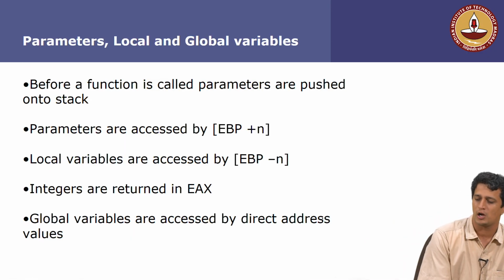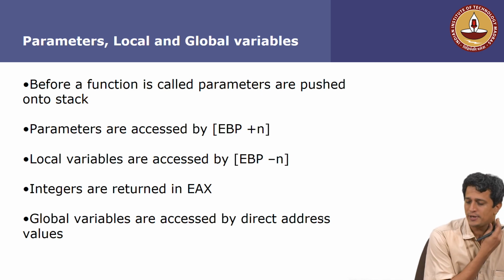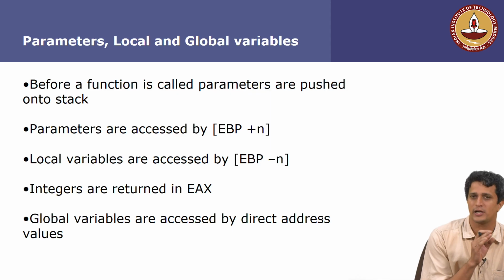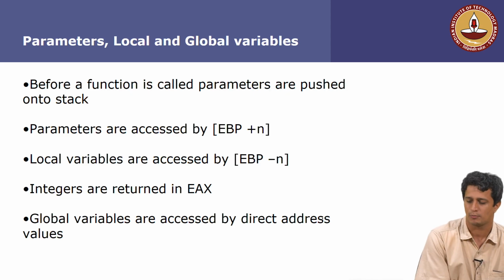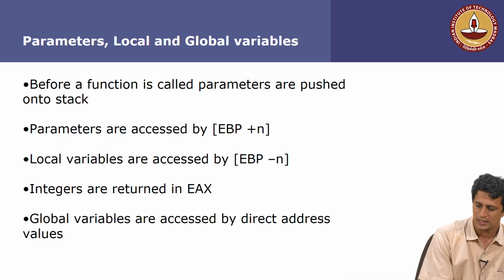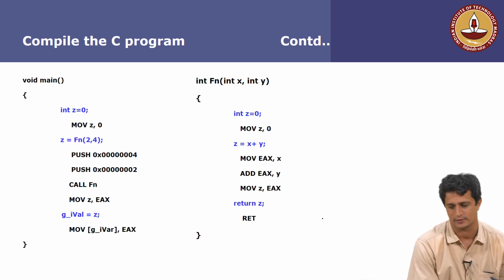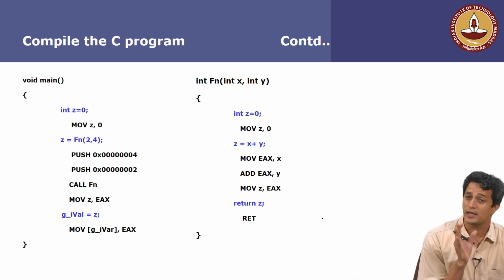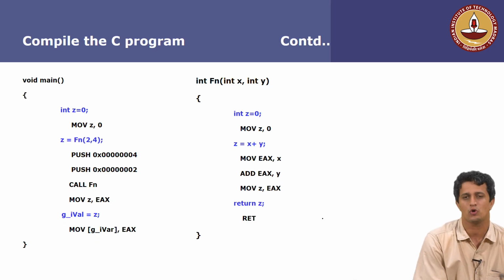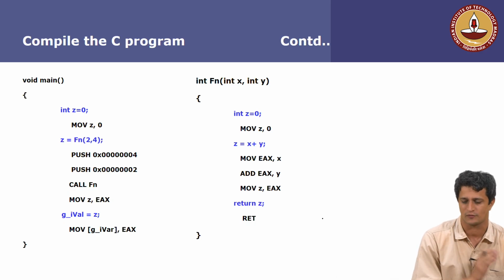Before a function is called, parameters are pushed onto stack, function parameters are accessed as contents of EBP plus some offset, local variables are accessed as EBP minus some offset, contents of that, right. So we will come to the other points a little later. So here is an animation that we are going to go through now in order to understand what other instructions are needed in order to complete this compilation process successfully.